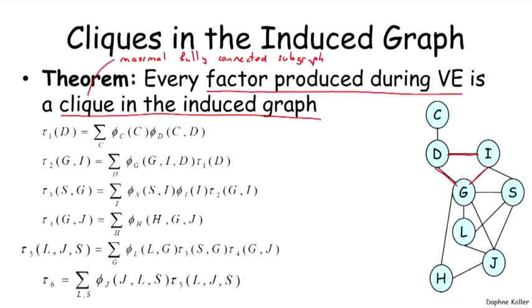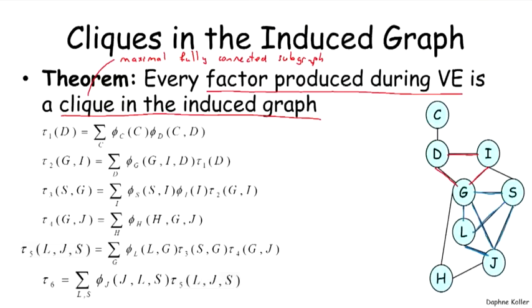So it's a clique. Here's a clique that's not maximal. So it's not a clique. So GLJ is a fully connected subgraph, but it's not maximal because I can add S and still have that hold.